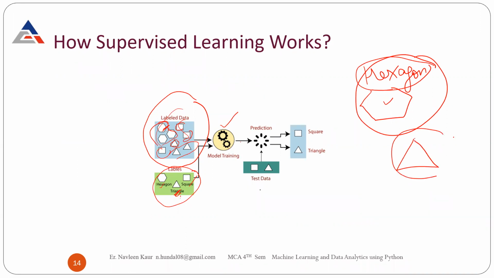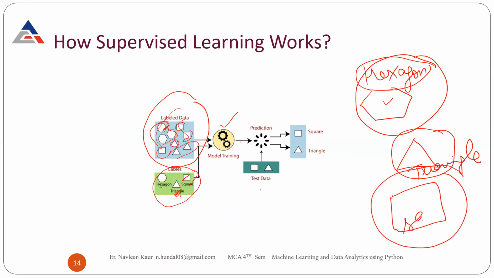But whenever you attach a label to it, now it knows that these kinds of shapes should be recognized as triangle. The third shape you are feeding is somewhat like this. Now your machine is again confused, but when you send a label along with this shape, square, it knows that this kind of shape is known as square. Now your machine is trained with these 3 kinds of shapes.